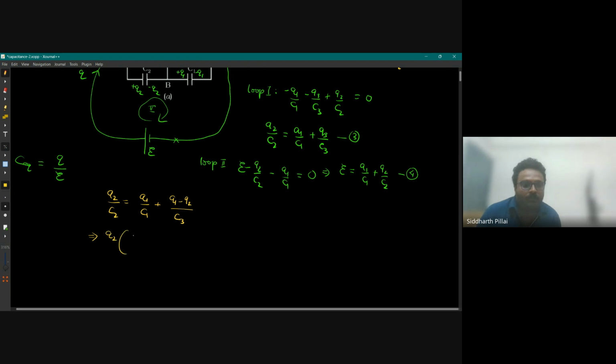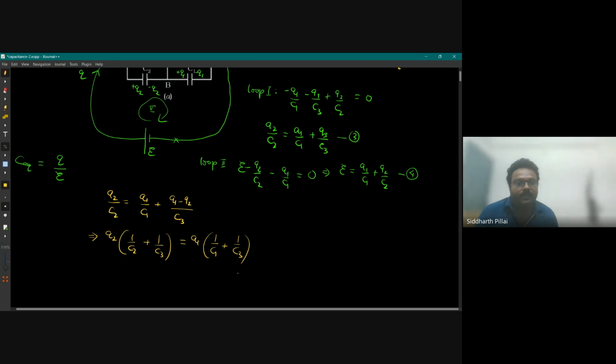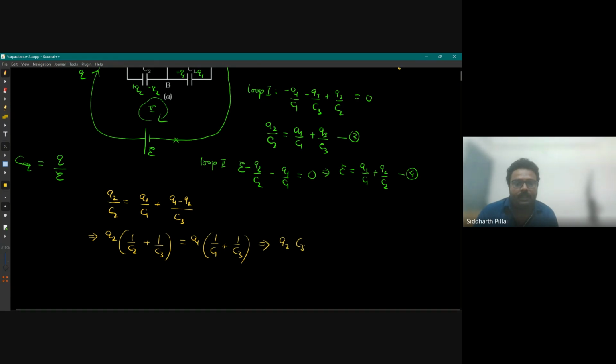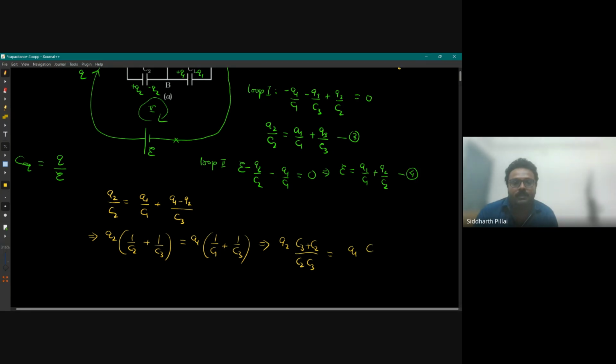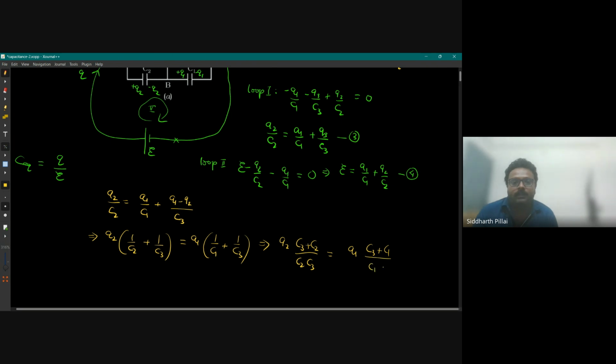So Q2 into (1 by C2 plus 1 by C3) equals to Q1 into (1 by C1 plus 1 by C3). Correct? Now let's take the LCM. I'll get Q2 into (C3 plus C2) by C2 C3 equals to Q1 into (C3 plus C1) by C1 C3.